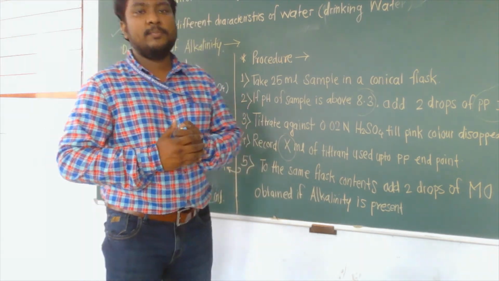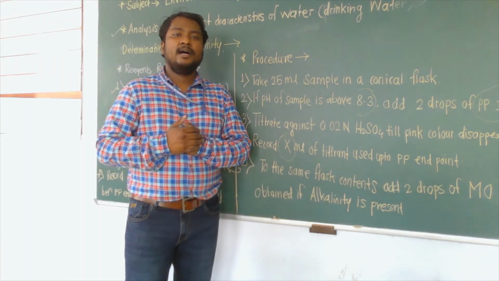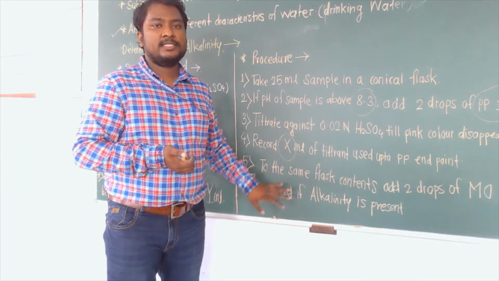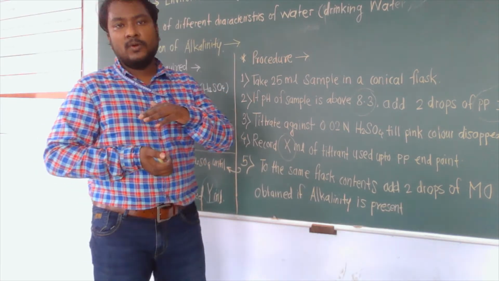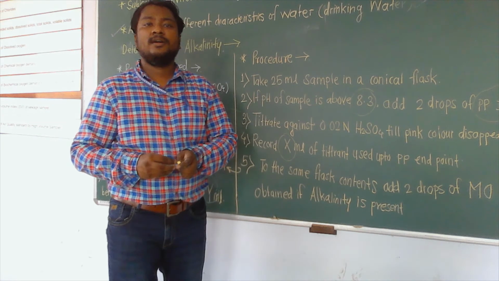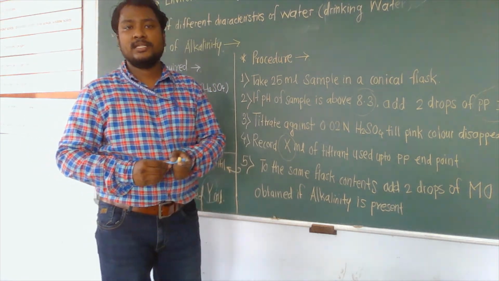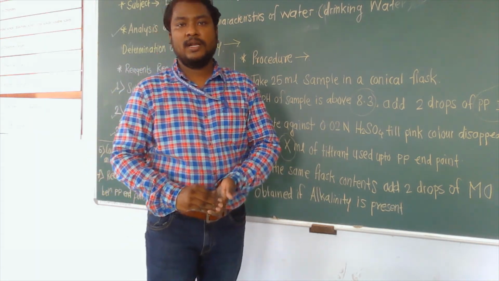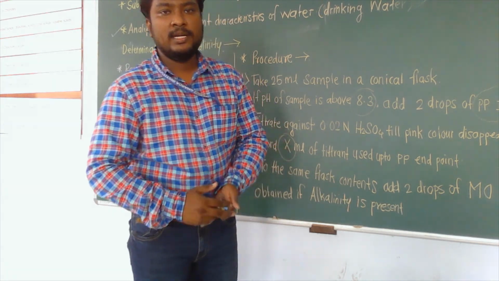This is the simple procedure of this experiment. I have explained this procedure with the help of the different procedure steps, as well as the different reagents required for this test. Next we will see the demonstration of this experiment, determination of alkalinity of water. Let's see the demonstration.